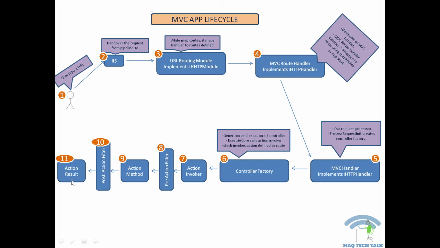At this point, within the action result, we can define what type of view engine we want to call from here onwards. The latest version of MVC, MVC 5, provides you an option to create your own view engine.